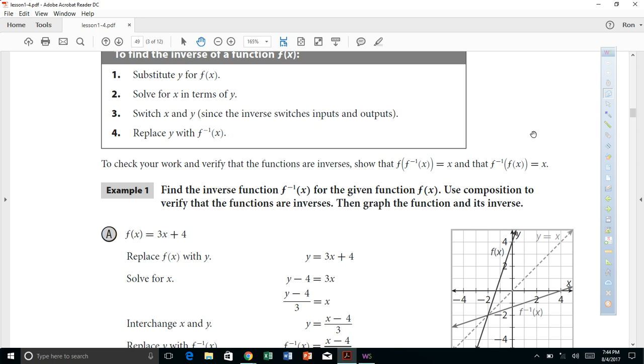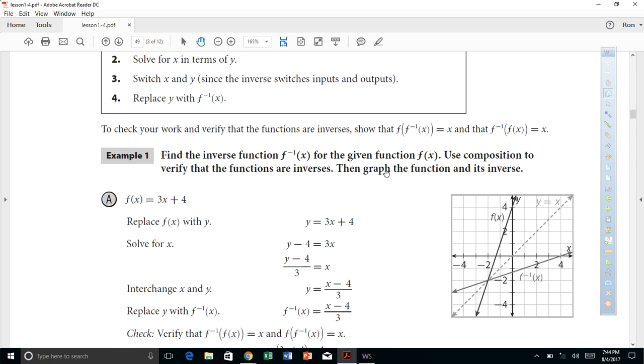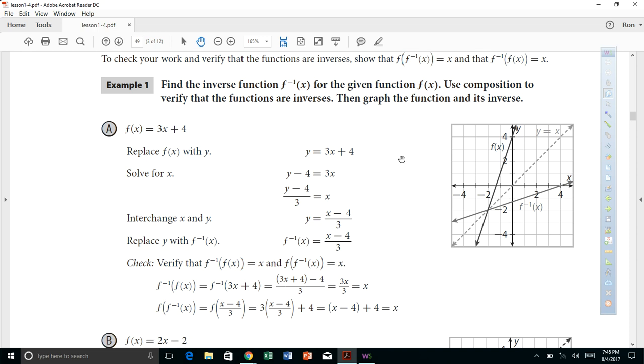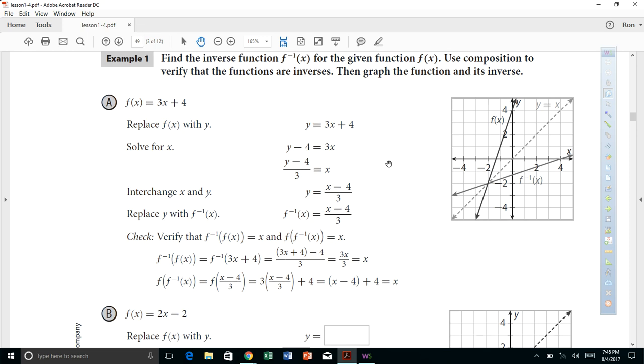Substitute y for f of x, solve for x in terms of y, switch x and y, since the inverse switches inputs and outputs, and replace y with the inverse of f of x. To check your work and verify that the functions are inverses, show that f of the inverse of f of x equals x, and that the inverse of f of x of f equals x. Wow, that's a mouthful, isn't it?